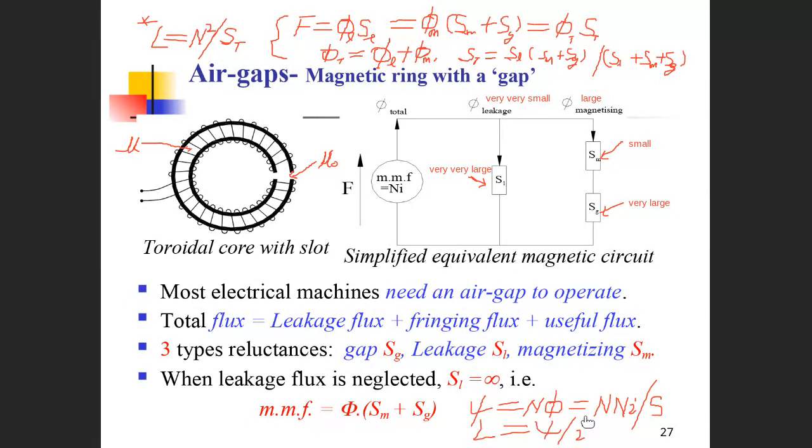And the flux phi can be determined based on F over S. F is the NI, and L is the phi over I. So as a result, L equals N squared over reluctance. Reluctance here is the total reluctance of the coil, which is applicable to any coil.